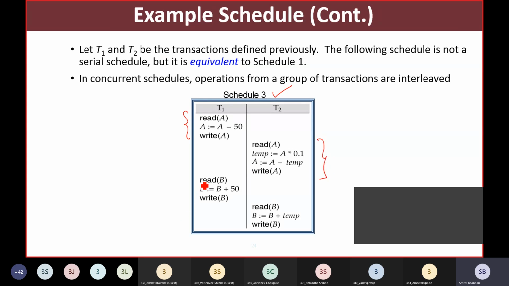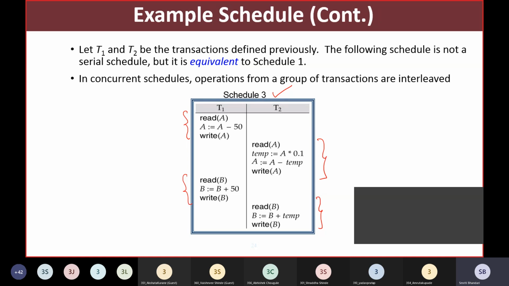Because few of the instructions from T1 are executed, then few of the instructions from T2 are executed, then once again few instructions from T1, and once again few instructions from T2 are being executed. So schedule number 3 is a concurrent schedule.